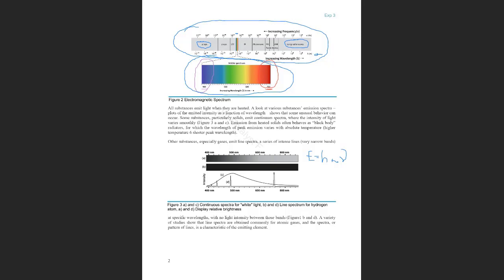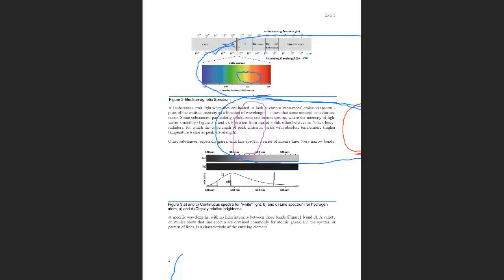In this part of the introduction, you need to know that substances, particularly solids, emit a continuous spectra, where the intensity of light varies smoothly, as in A and C.